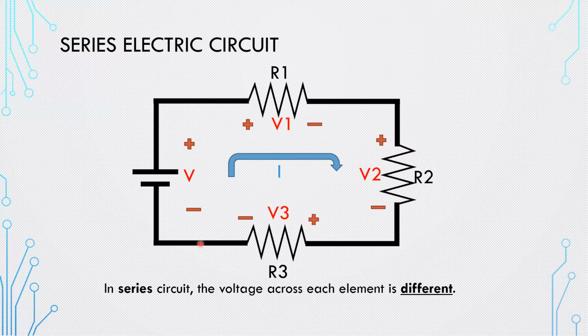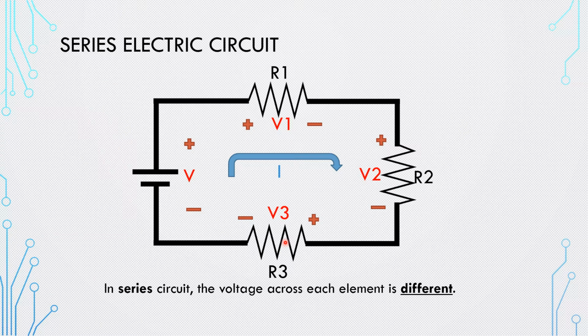If you look at the voltage across each resistor, you're going to find that each resistor has a separate and different value depending on the value of the resistor. So this is the idea that you have to keep in mind. You have a different voltage across each resistor, depending on the value of the resistor. So if you have 10 here, you don't have 10 across each one of them. This 10 is going to be distributed among all three resistors.